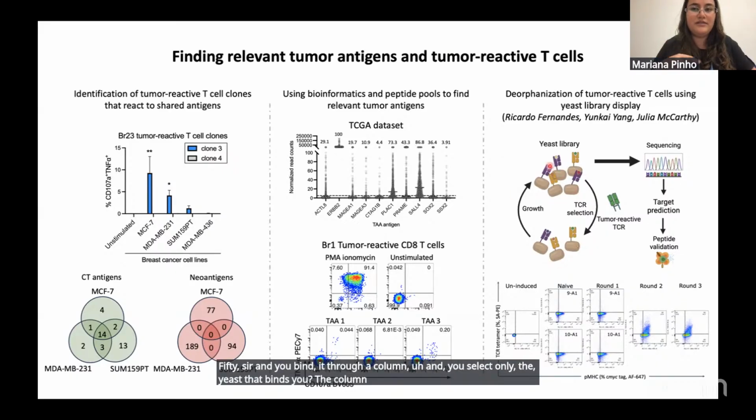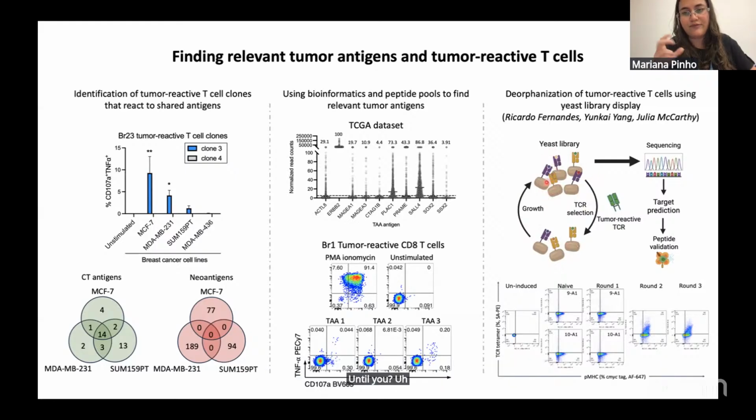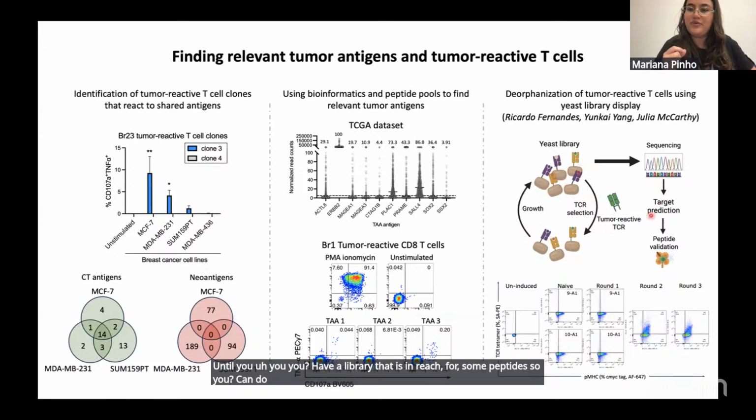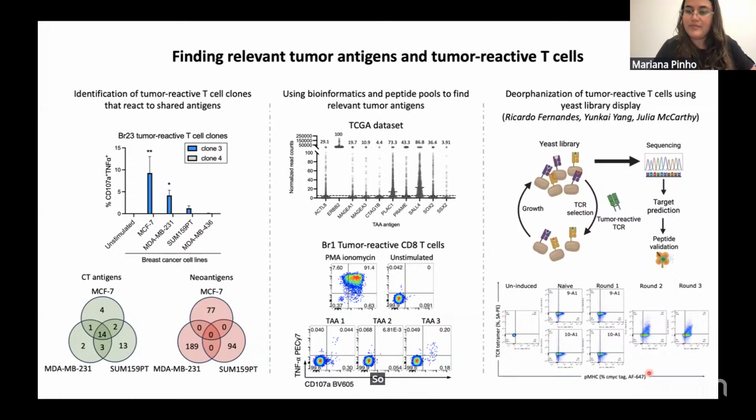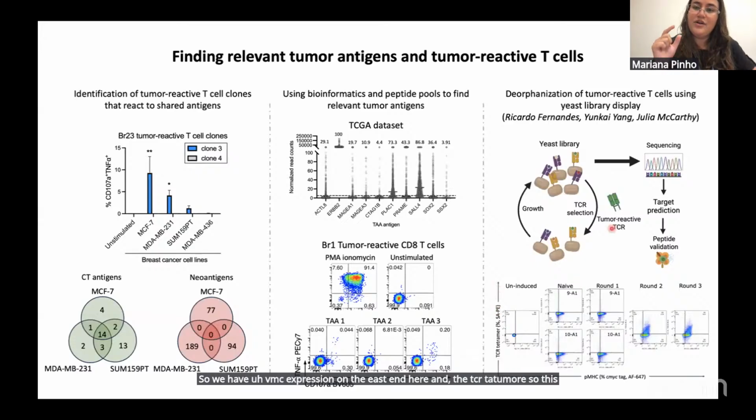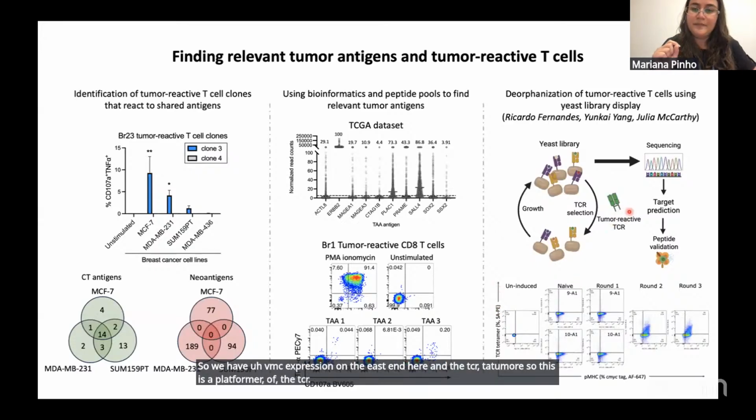Then you grow that yeast, and you do that multiple times until you have a library that is enriched for some peptides. So you can do the sequencing, target prediction, and peptide validation. This is just one example of how it works. You have the MHC expression on the yeast in here, and the TCR tetramer. This is a tetramer of the TCR, not the MHC.